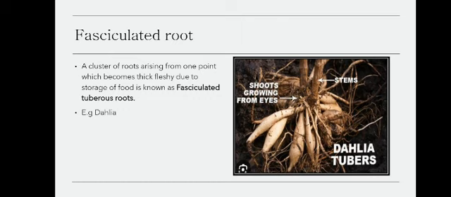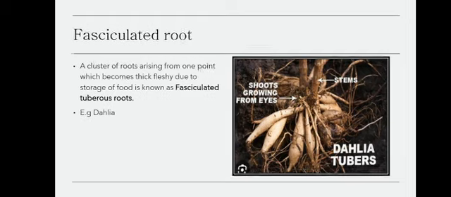It is an advantageous root modification. The roots become fleshy due to the storage of food, and they store food to survive undesirable conditions. You can observe this in dahlia.